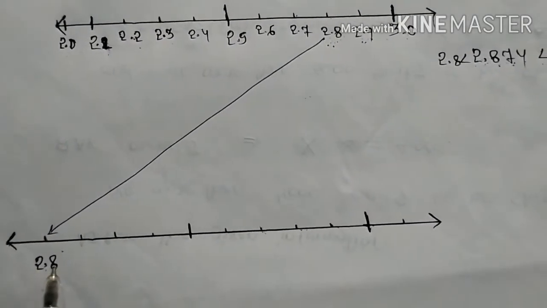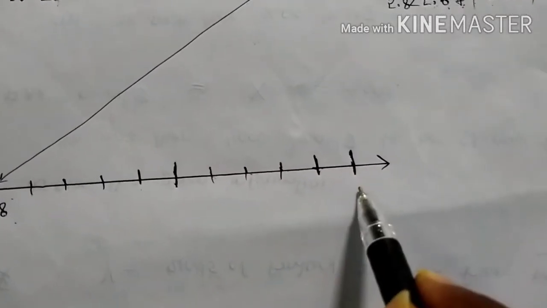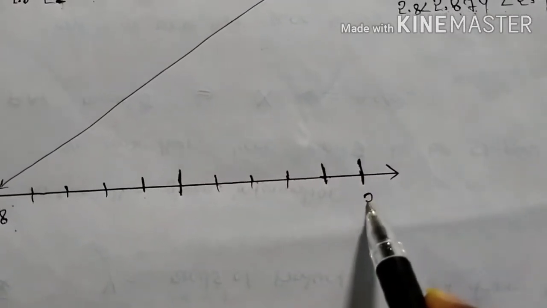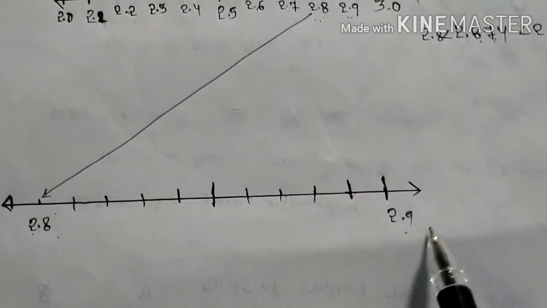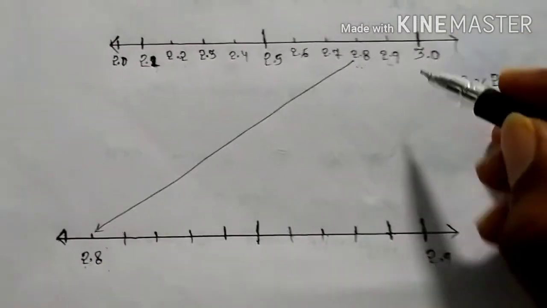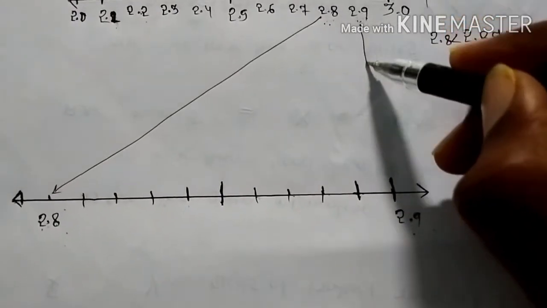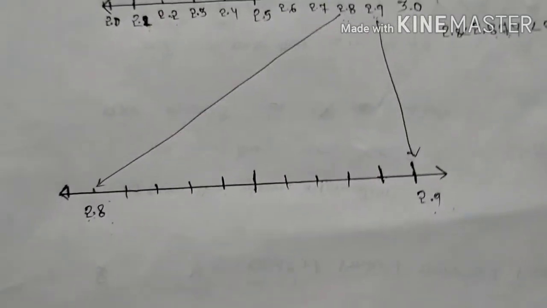Next here it is 2.8, and here 2.9. I am dividing the portion between 2.8 and 2.9 into how many equal parts?